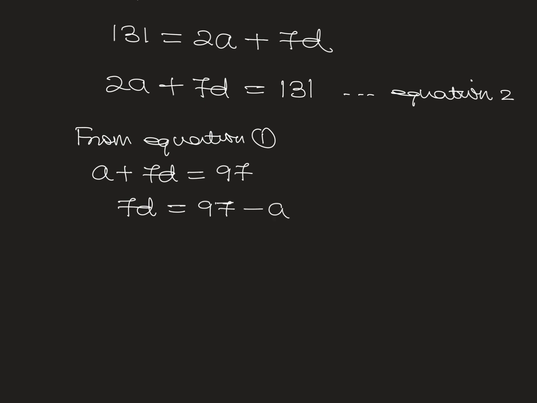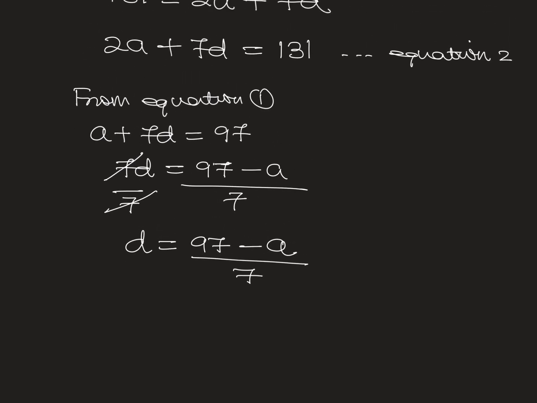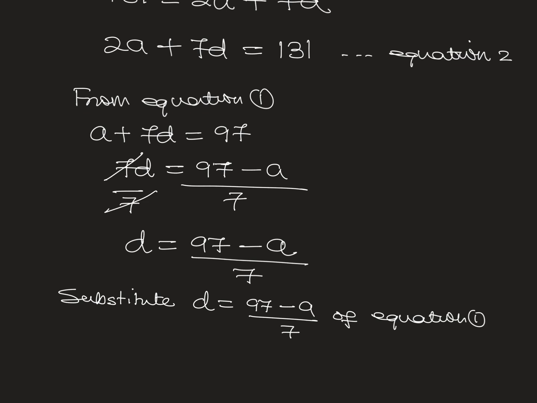Then I divide both sides by 7. This will cancel this, so d is equal to 97 minus a all over 7. Then I can substitute that in equation 2. Substitute d is equal to 97 minus a over 7 of equation 1 into equation 2.